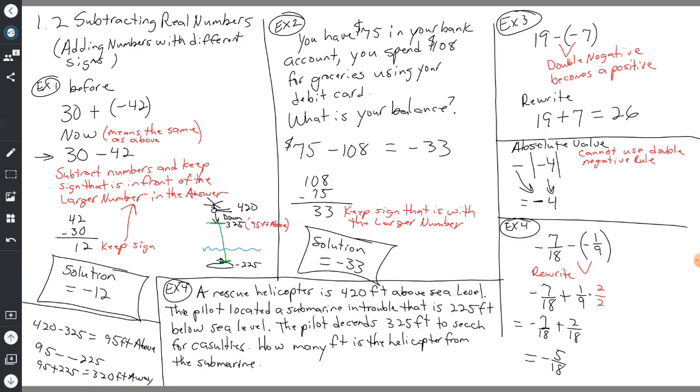We subtracted when he went down, and now since we're talking about below sea level, we're subtracting a negative 225. Again, we can think of that by putting the parentheses around it if you want, but it means the same thing. And that double negative becomes a positive.